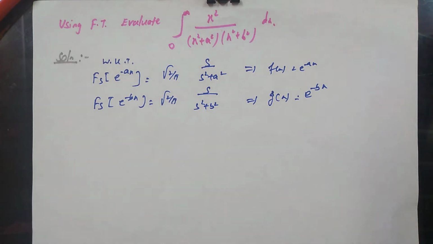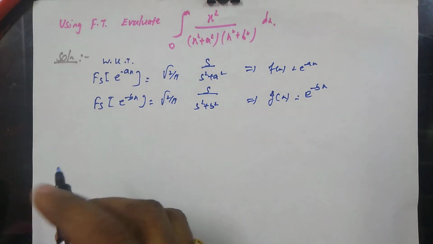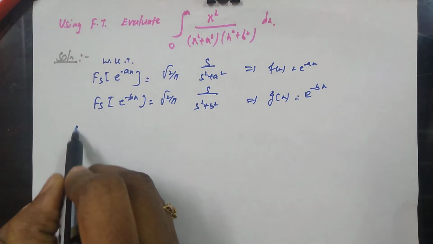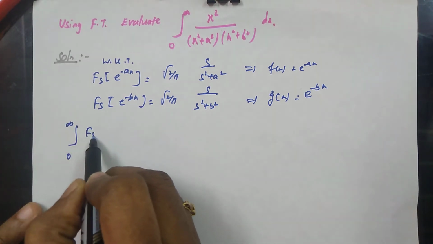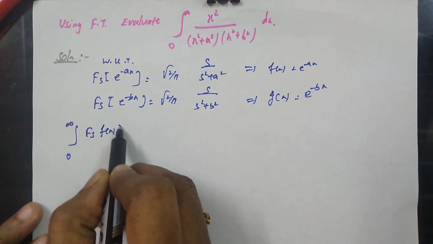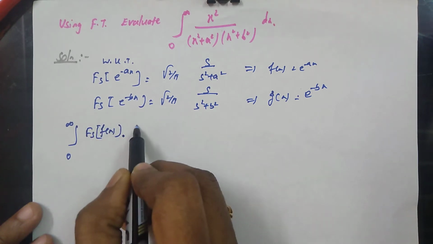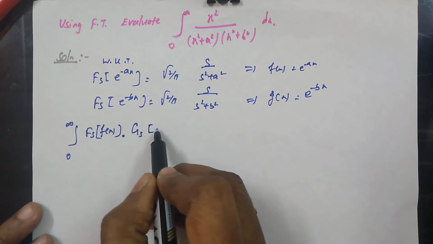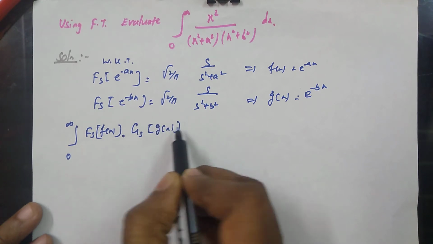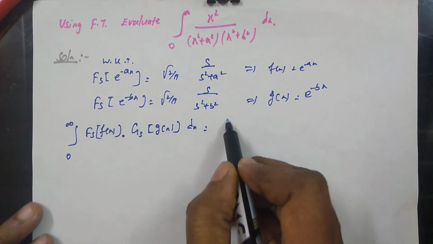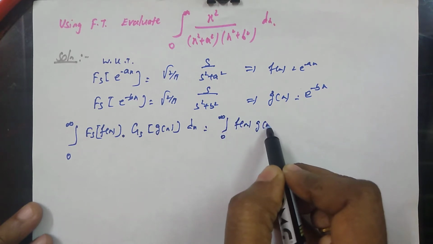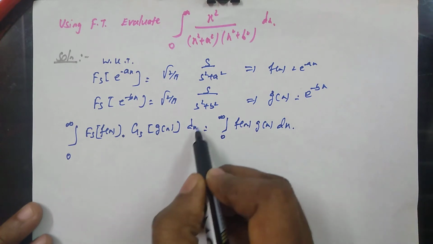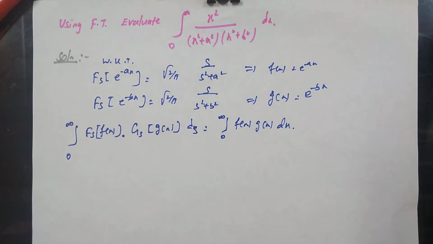The result is integral 0 to infinity Fs of f of x into Gs of g of x ds equals integral 0 to infinity f of x g of x dx. This is a well known result from Parseval's identity.